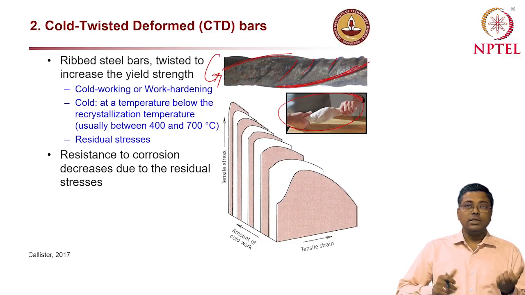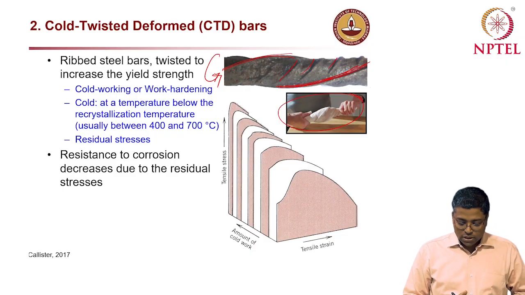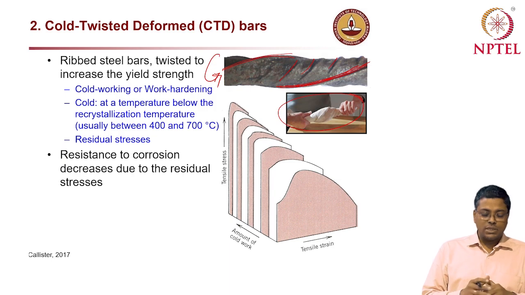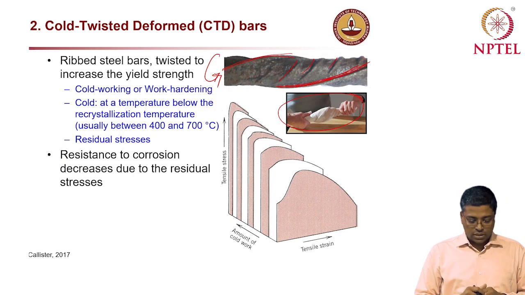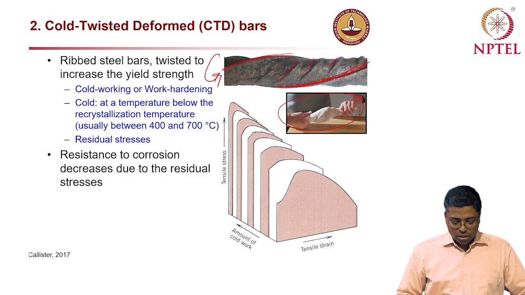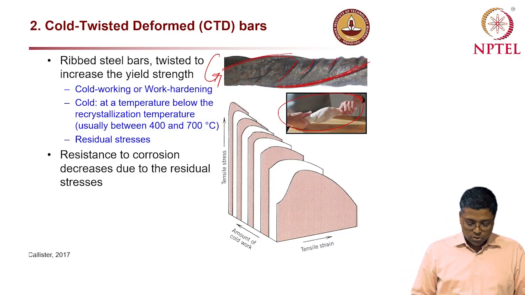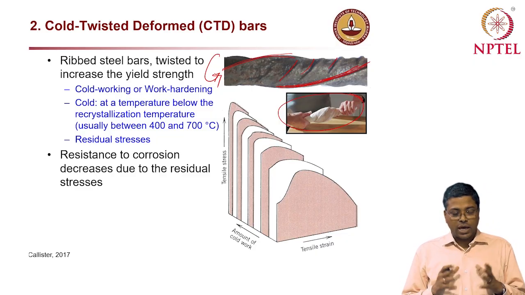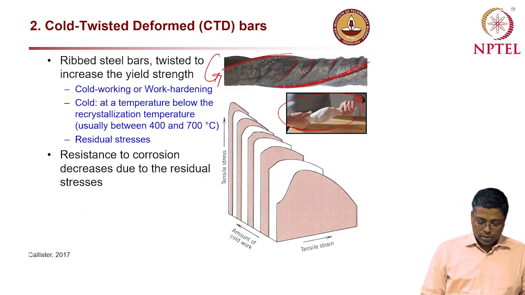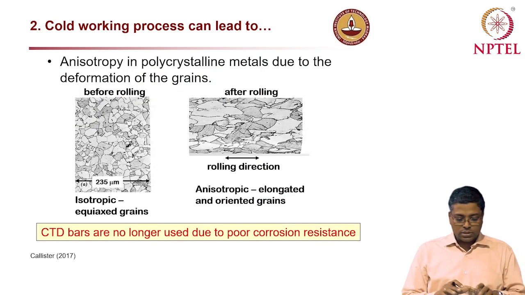So you can very clearly see how the bar is twisted, but this twisting process leads to some residual stress on the surface of the steel, because of which it is more vulnerable to corrosion. Because of this residual stress, this surface has a higher energy level, and that will lead to a more vulnerable steel surface.